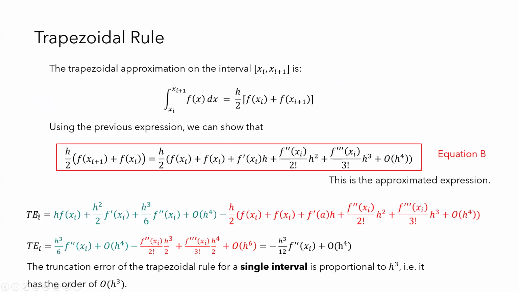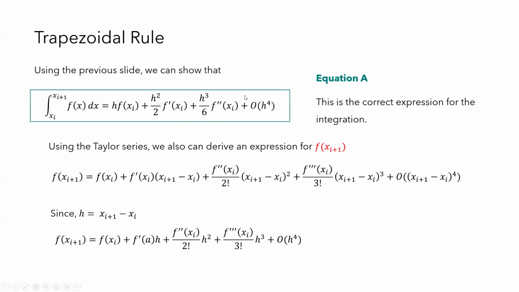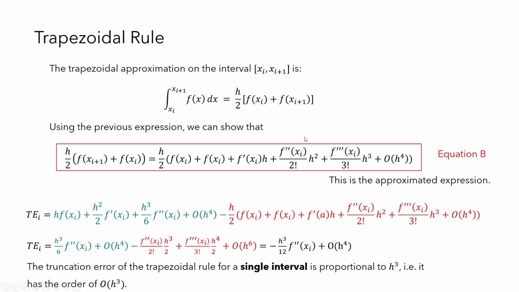So the truncation error is the difference between the actual, or the true value, and the approximated value. So I can calculate the difference between these two, right?